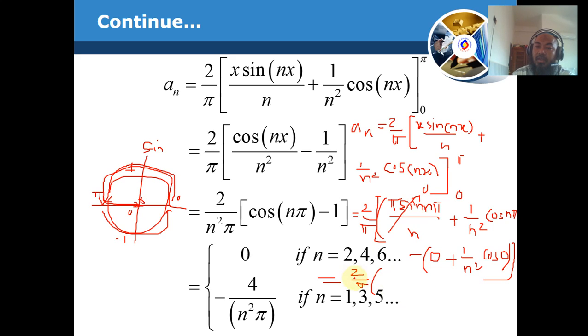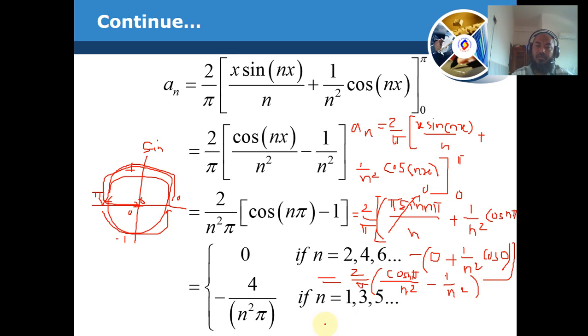That's why 2 divided by pi, now it becomes cos n pi divided by n square minus 1 over n square.